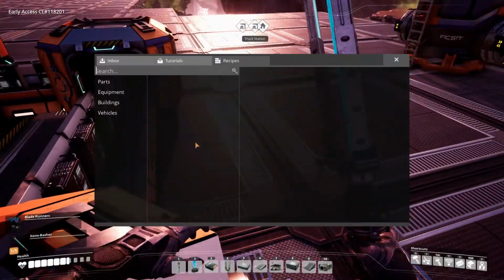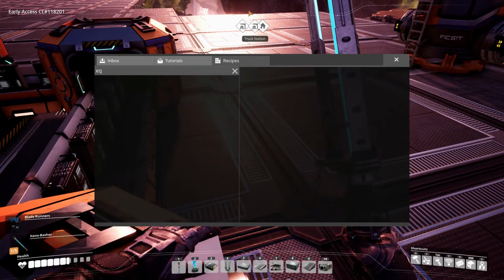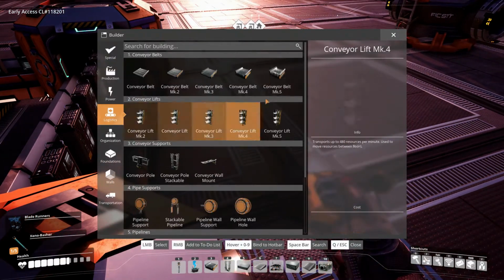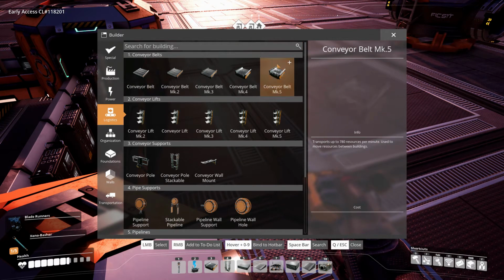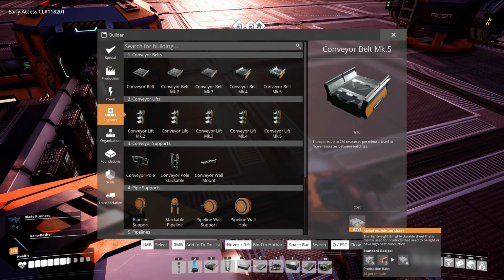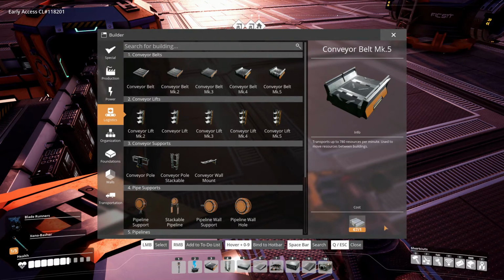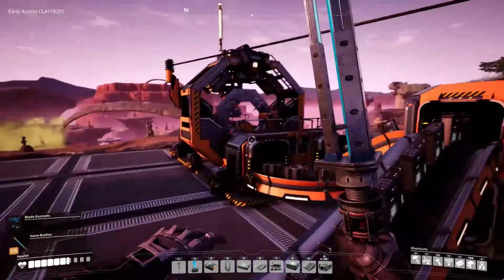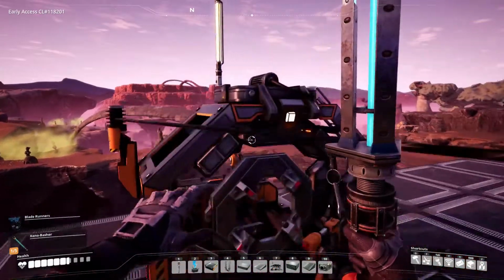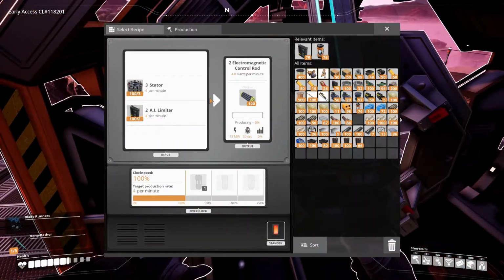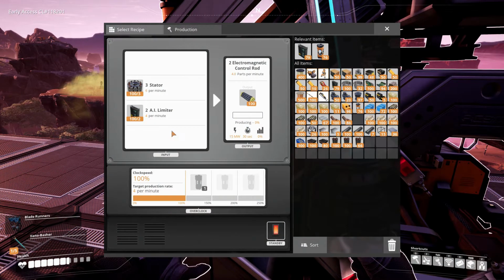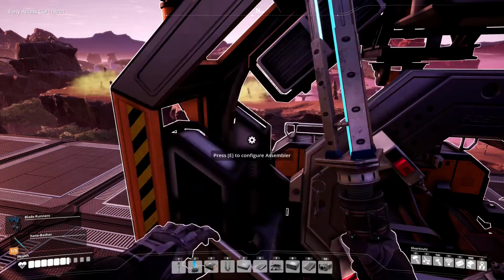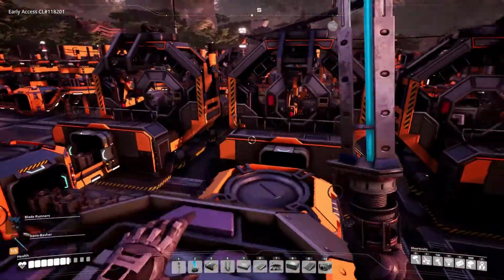I'm using the belt 4 because it's quote unquote easy to make compared to the aluminum sheet. That's quite a process and quite up the tiers in a base milestone. But basically, if you look at the recipe, it needs 6 stators and 4 limiters, right?